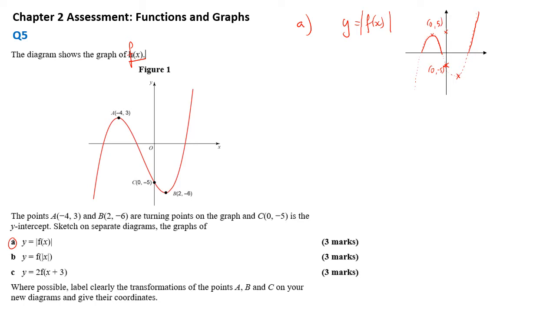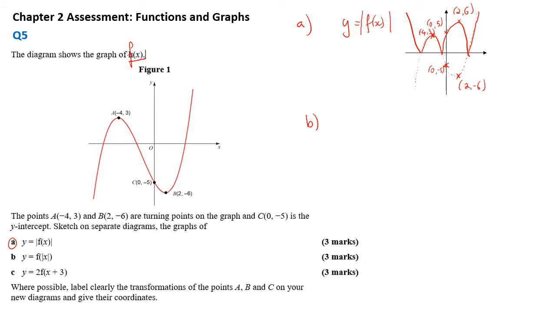This point here, which was 2, minus 6, just that minus 6 becomes plus 6. So make sure we are labelling all of the points really clearly. And then this part here gets reflected up there. We had 3 points, A, B and C. And this point A stays as minus 4, 3.